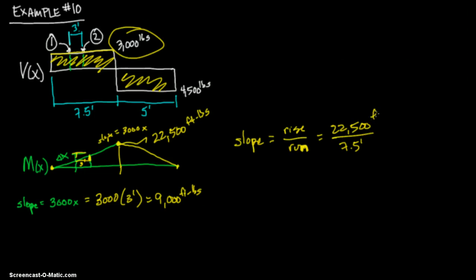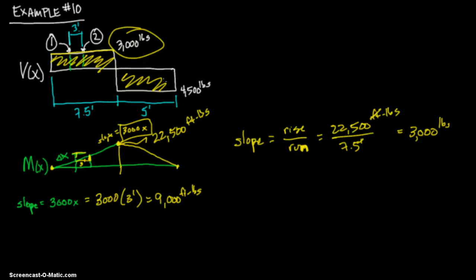So your slope equals 22,500 divided by 7.5, and it should equal 3,000, and it does. Since we're getting rid of foot, that's going to be your slope, 3,000 pounds. And that's what we said our slope was earlier.